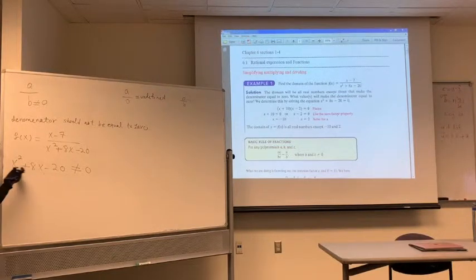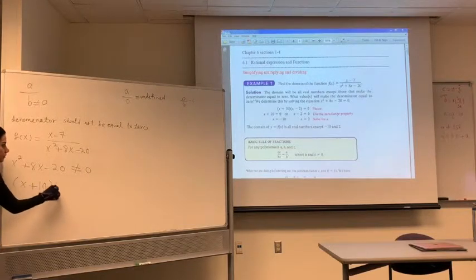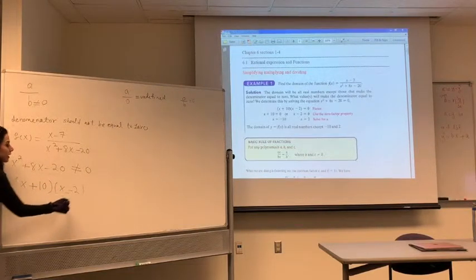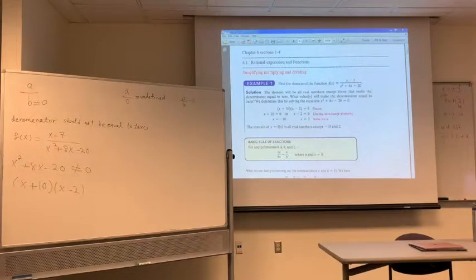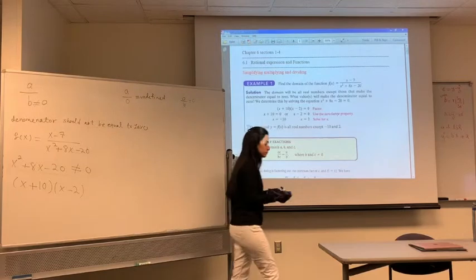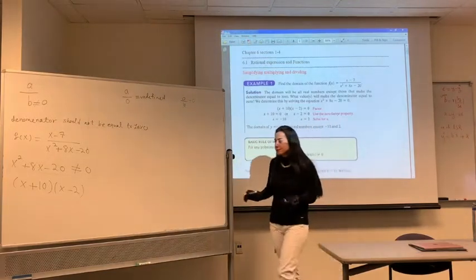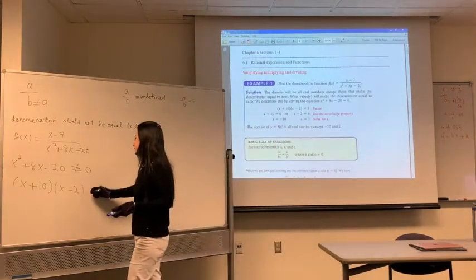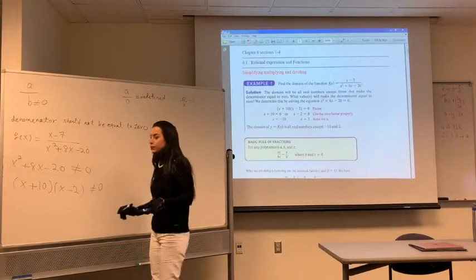How do we find the value of x? We factor this polynomial, correct? If we factor this polynomial, we will have this form. And then we say this is not equal to 0.